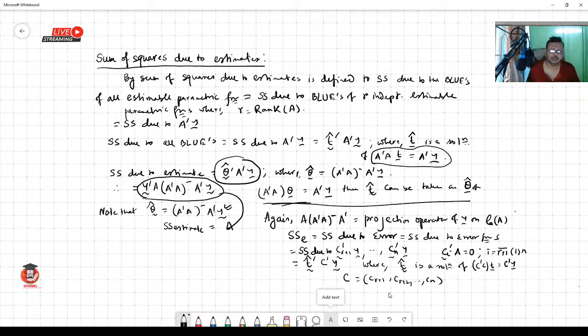If you use C1, C2, up to Cr, then you get the SS due to estimates, and if you use C(r+1) to Cn, then you get SS due to error. Okay, please see carefully.